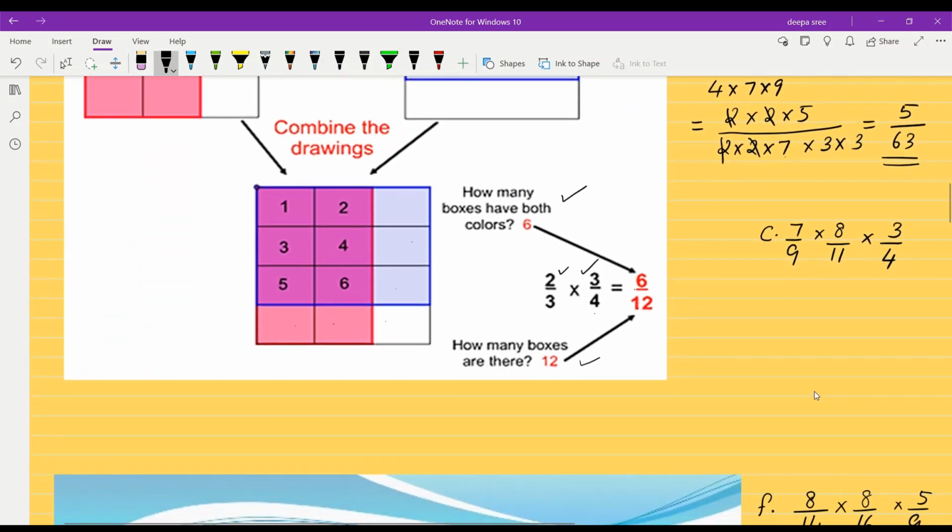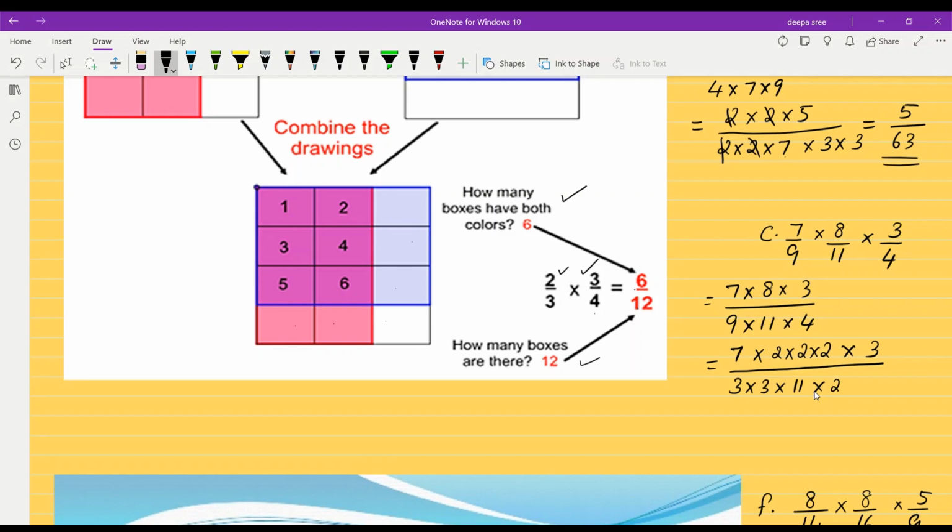So next question, 7 by 9, multiply the numerator: 7 into 8 into 3 by 9 into 11 into 4. 7 we cannot make into factors, 8 we can make into factors, 2 into 2 into 2, 3 let it be there, 9 we can write as factors 3 into 3, 11 let it be there, 4 we can make as factors 2 into 2.